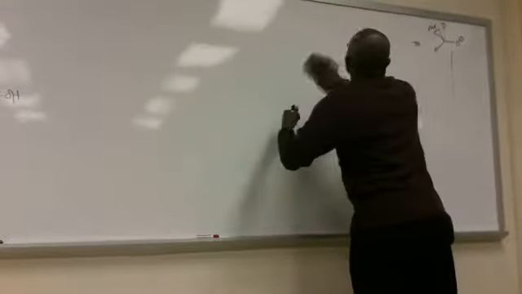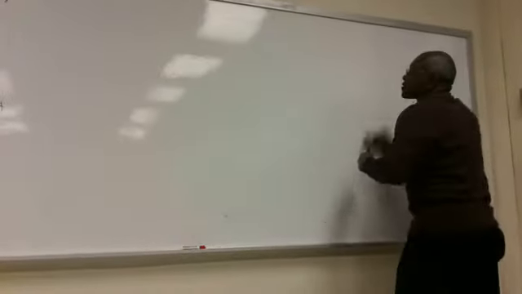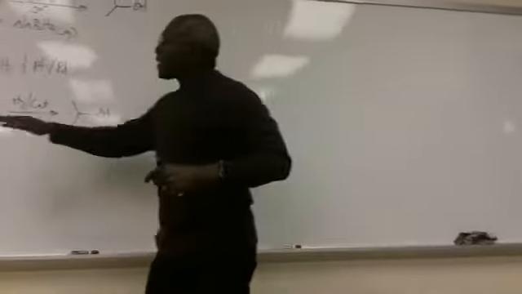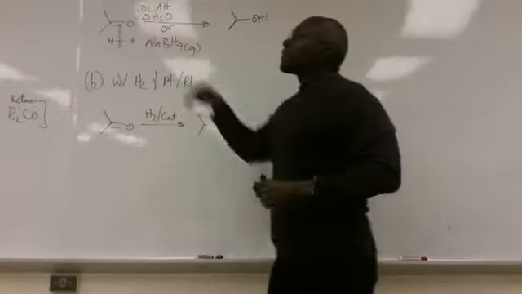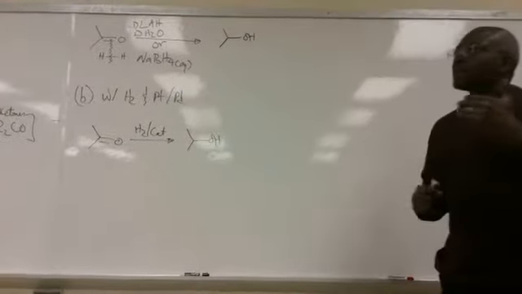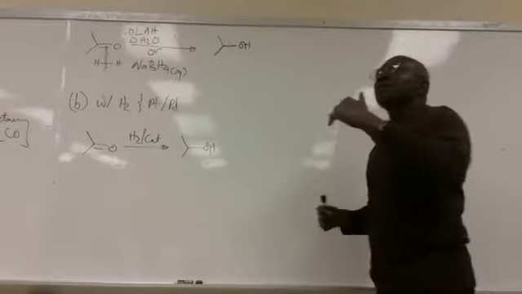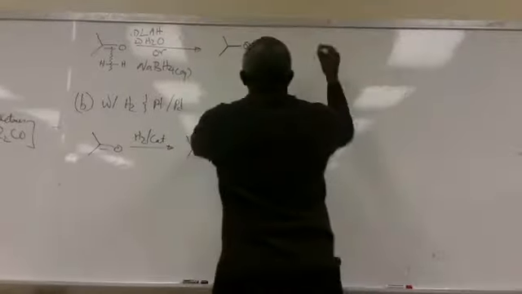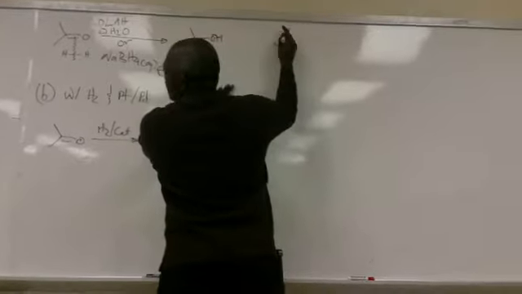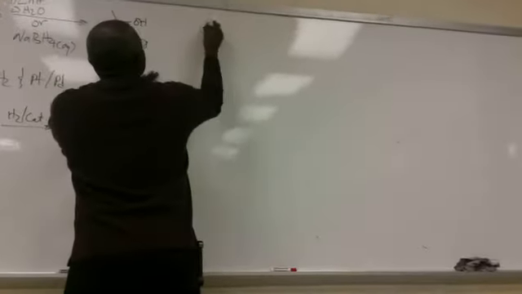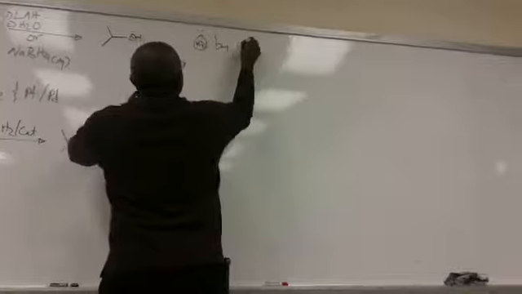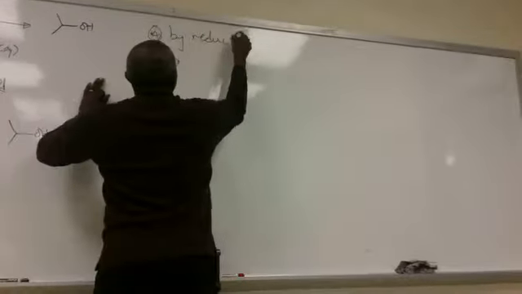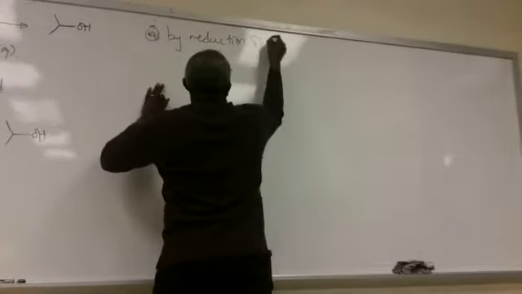I can do another preparation of the alcohol, because remember we said, if you look at the oxidation tree, for the primary alcohol, above the aldehyde was the carboxylic acid. So I can say 4, by reduction of carboxylic acids.